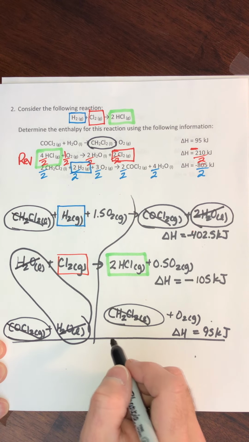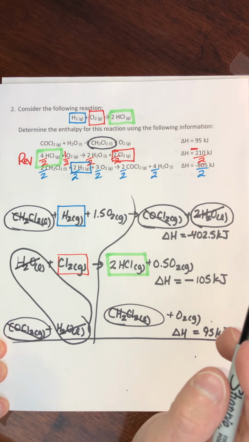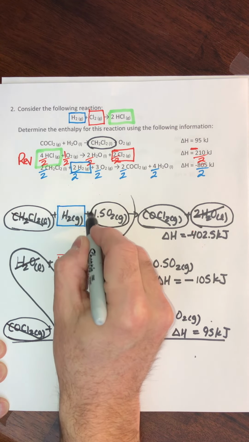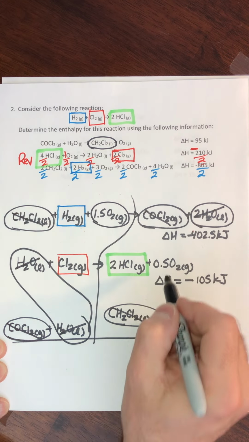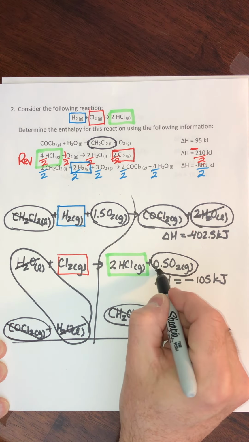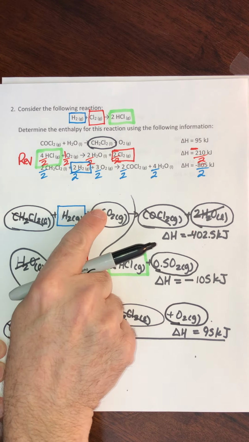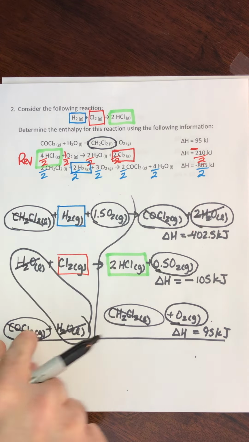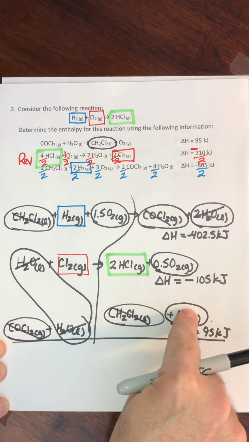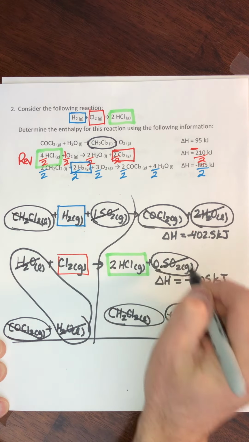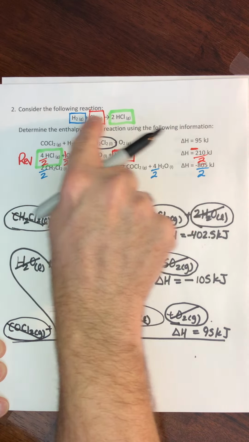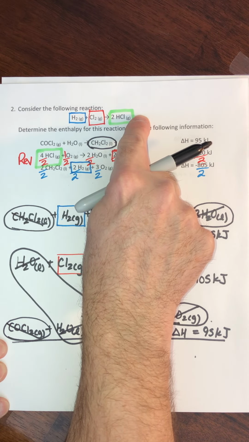And if we do oxygens, this is 1.5 oxygen gases. This is half of an oxygen gas. And this is 1 oxygen, right? So you got a total of 1.5 on the reactant side, and you got a total of 1.5 on the product side. So they cancel. And again, expect it because is there any oxygen gas in my target equation?